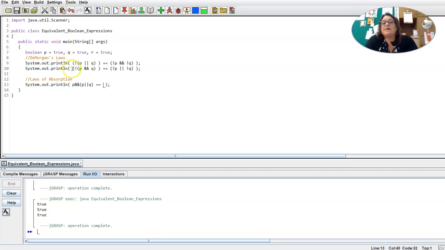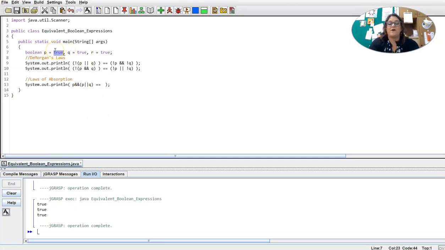So if P is true, right, true and then we have true or. The true or short circuits, and that evaluates to true. True and true is true, right? So that's the same value as the P we started with.